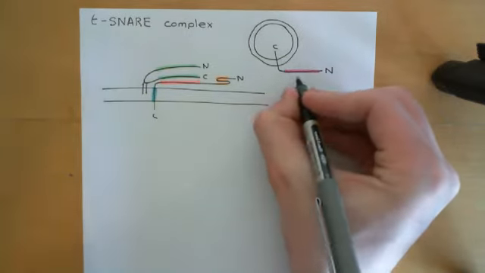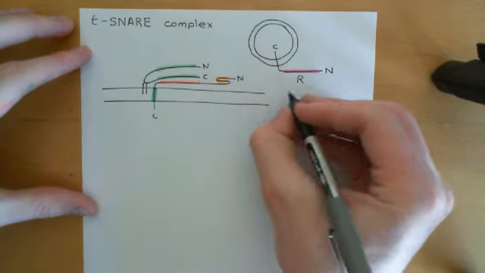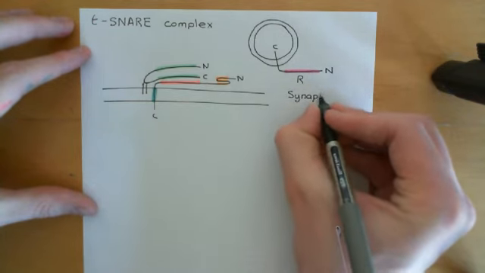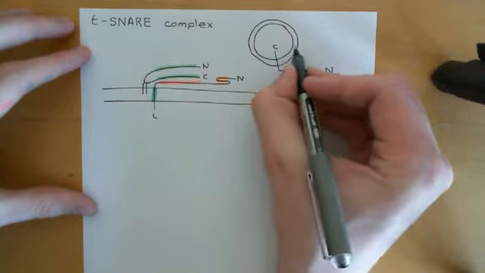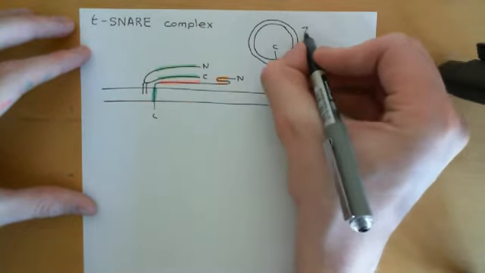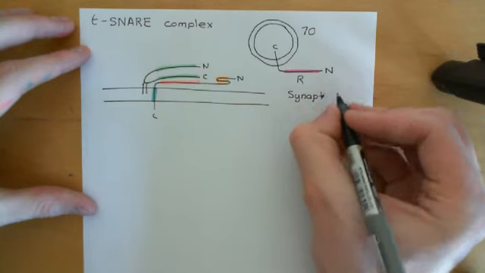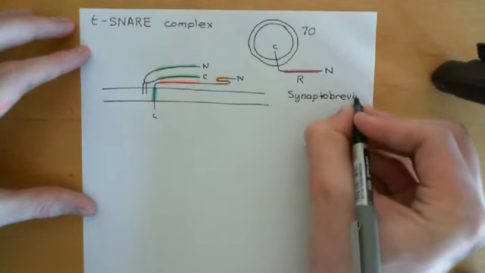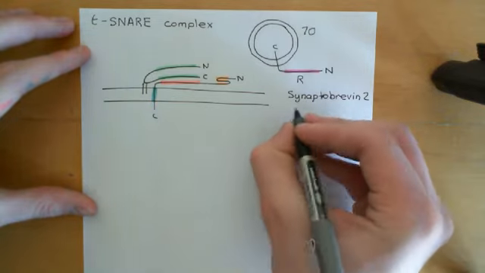Okay, and this is going to be an R snare motif. So this protein that you're going to find within the synaptic vesicle membranes, and I should stress they're going to have far more than one. In fact, they usually have around 70 synaptobrevin 2 proteins in their membrane. Okay, so this is synaptobrevin 2.